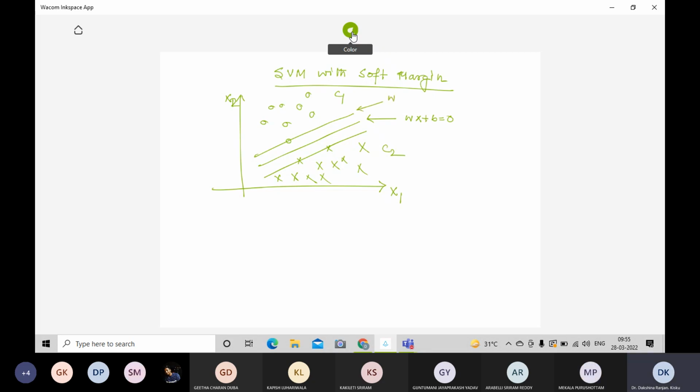This is the equation of the margin for class C1, and this is the equation for the margin for the negative class or class C2.